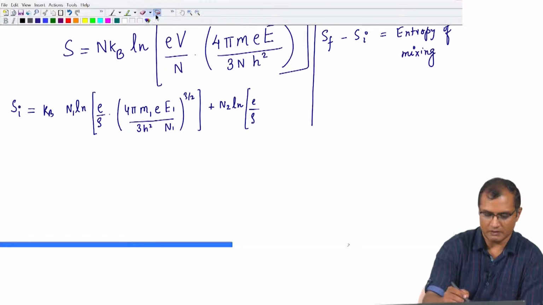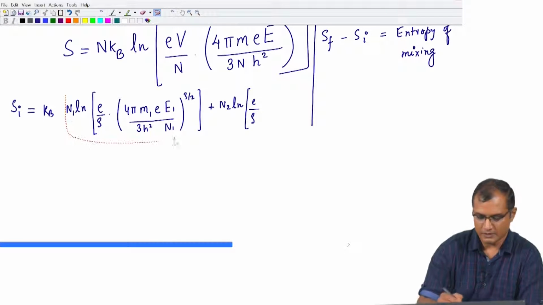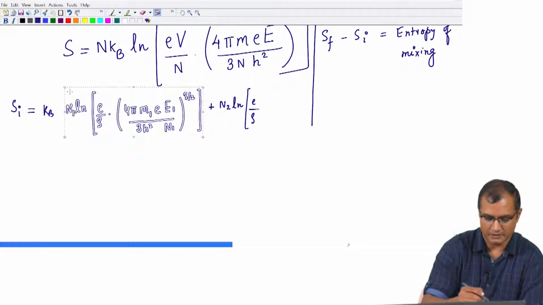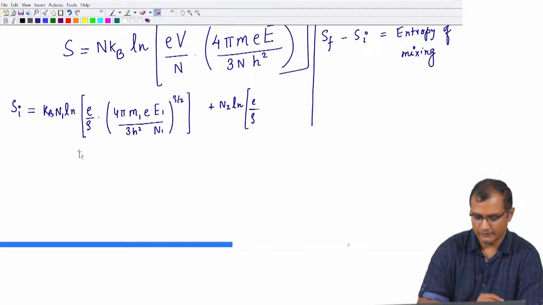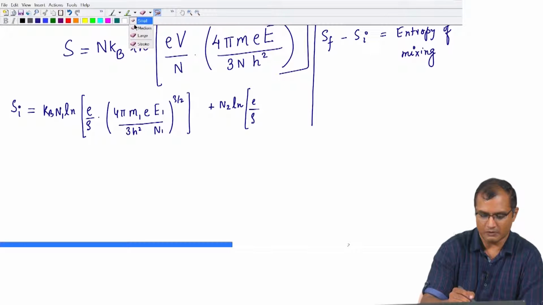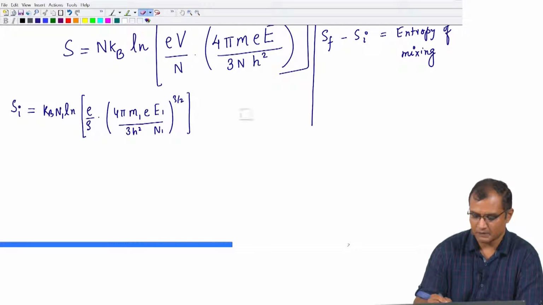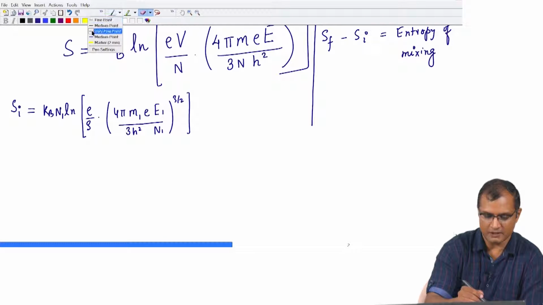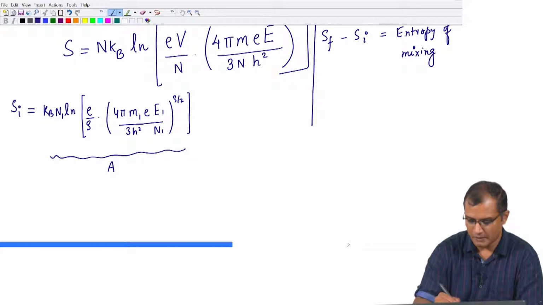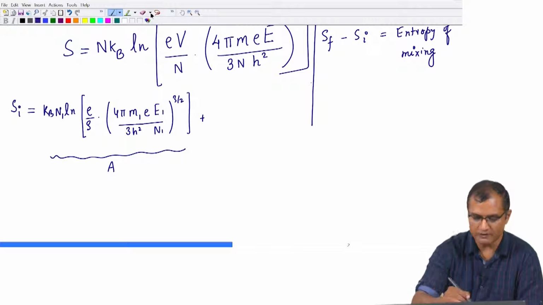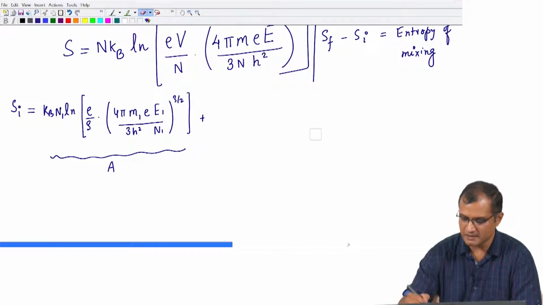So, I am going to shift this entire object slightly, and write. So, this is basically the entropy of A, plus the entropy of the system B, and this is the initial entropy.